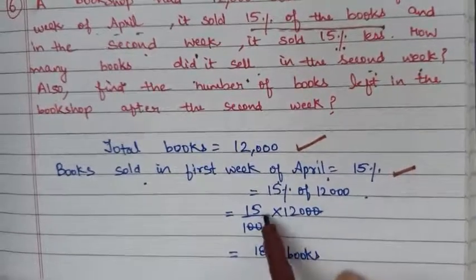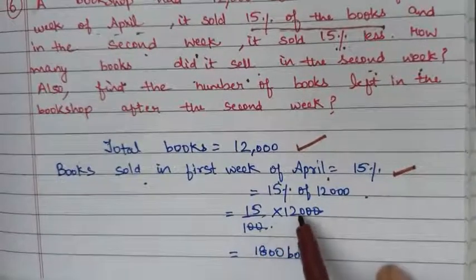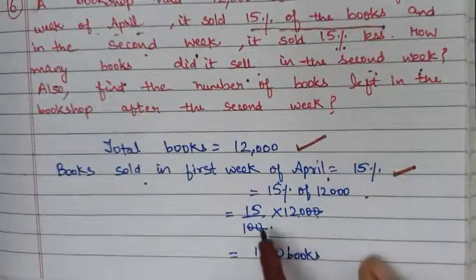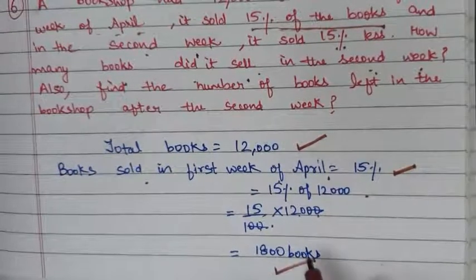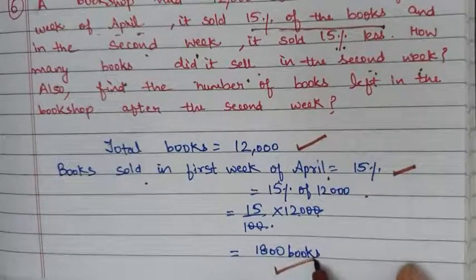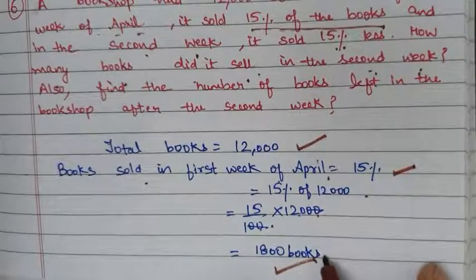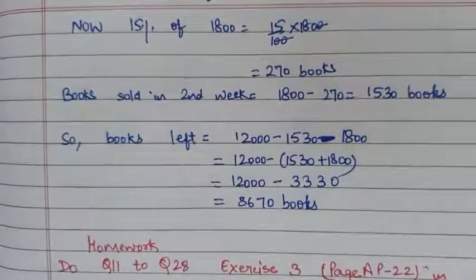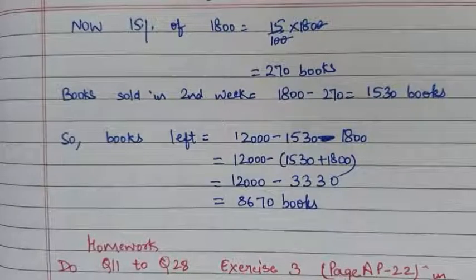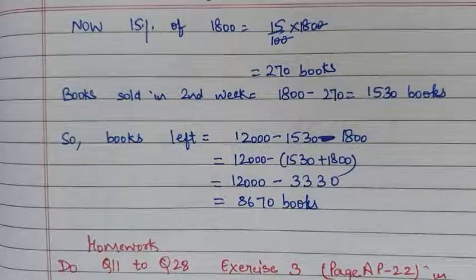So 15 upon 100 multiplied by 12,000. These two zeros will get cancelled. So we get 1800 books. These are the books sold in the first week of April.